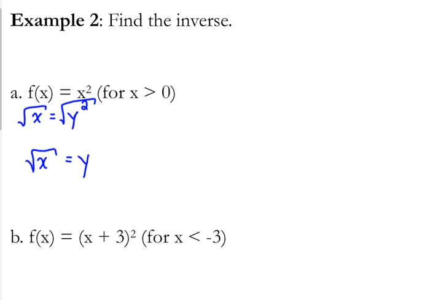Here's where this inequality comes into play. x is greater than 0. Does that mean positive or negative? Positive. Those are positive numbers. So the positive square root of x is going to be our inverse here. So f inverse of x is the positive square root of x.